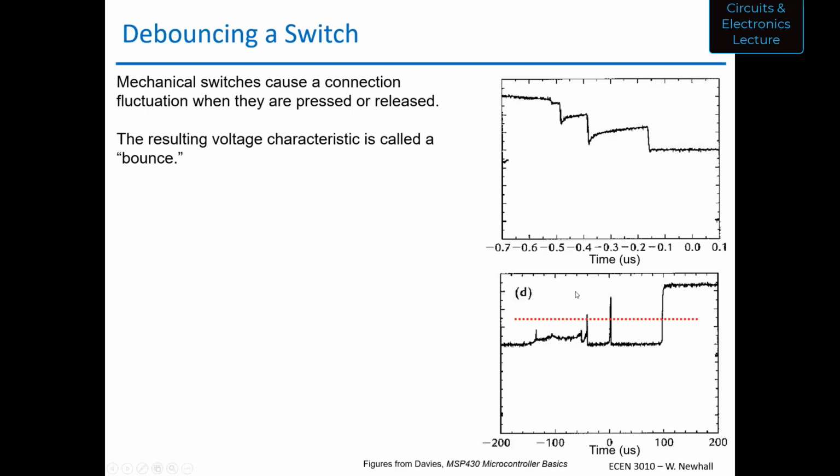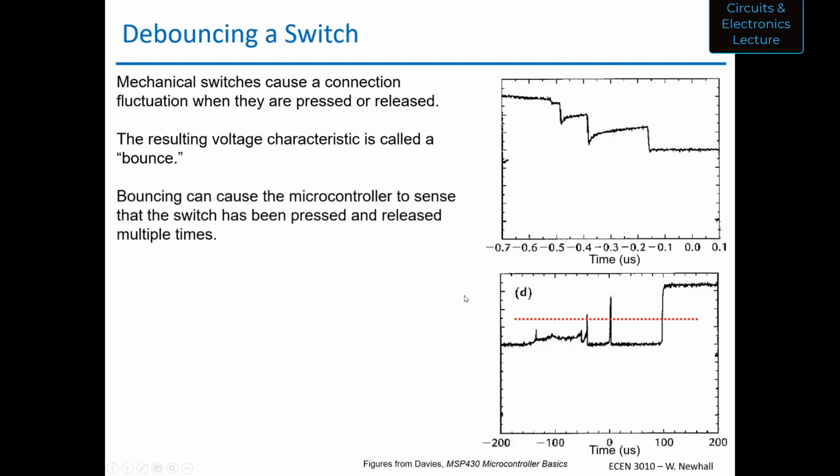And that can cause a microcontroller to sense that a switch has been pressed and released multiple times. So if I had an input high voltage level where this red line is, and I'm counting how many times a switch is pressed, then I might get 3 counts when it was only really pressed once. So that's not what you want.